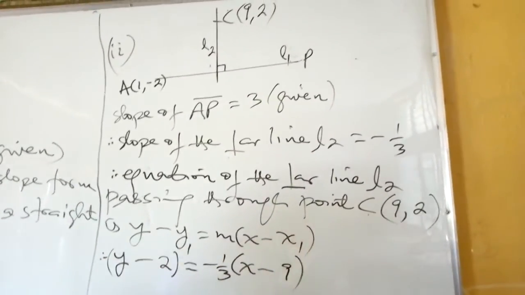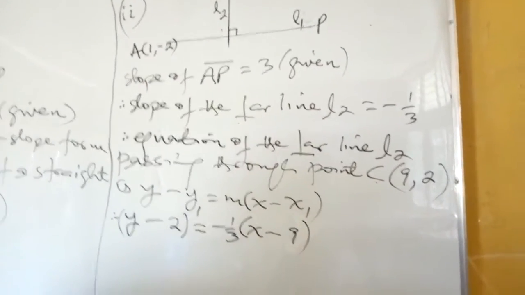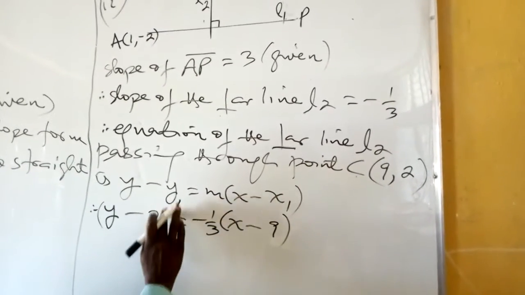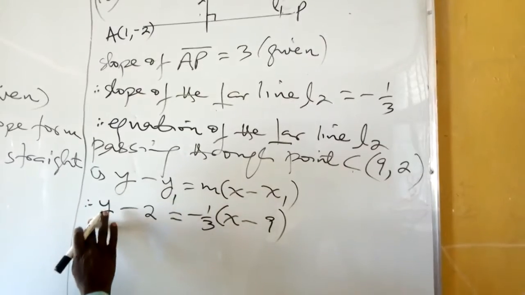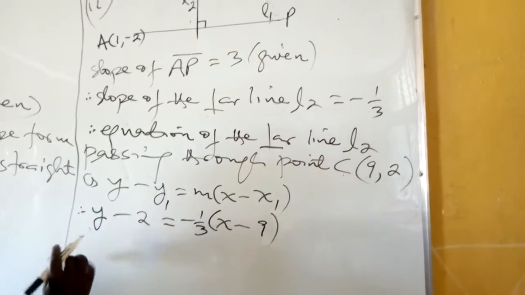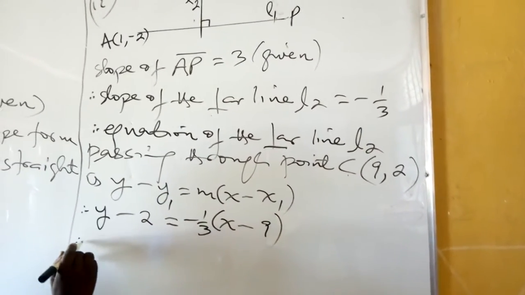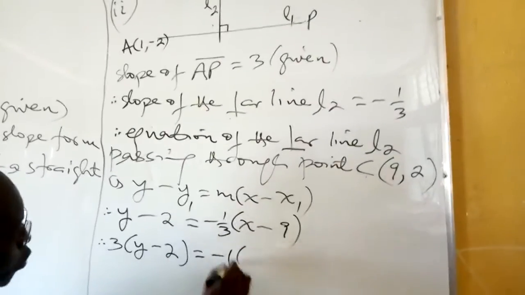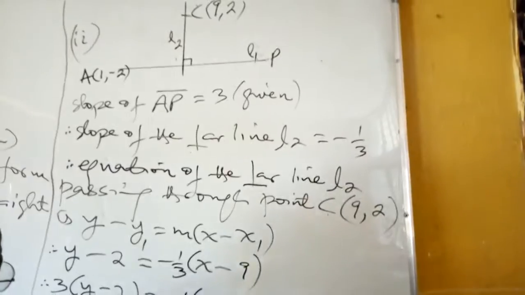Now I can clear the fraction by multiplying throughout by the denominator, which is 3. Clearing the fraction, I have 3 into y minus 2 equals minus 1 into x minus 9.